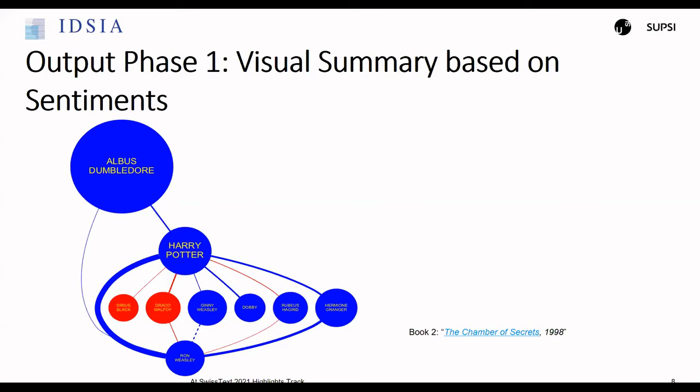Positive is represented by blue and negative by red. You can also see a dashed line where we implemented a small module to identify the family relationships between the characters, which I will explain shortly in some slides.